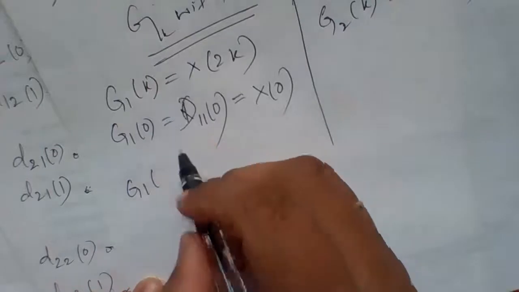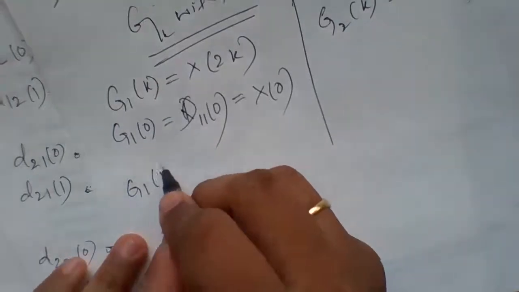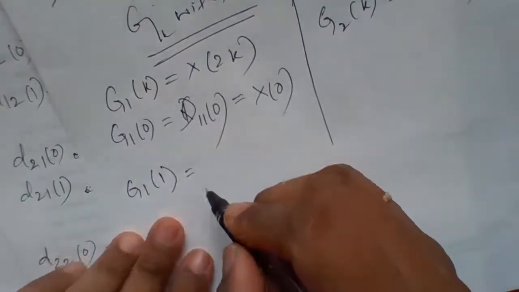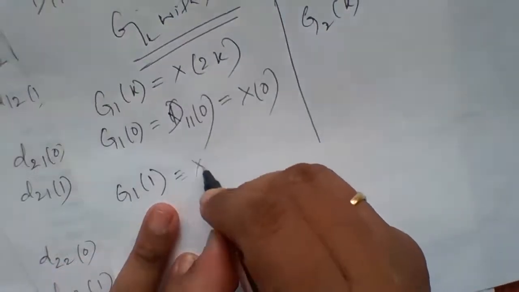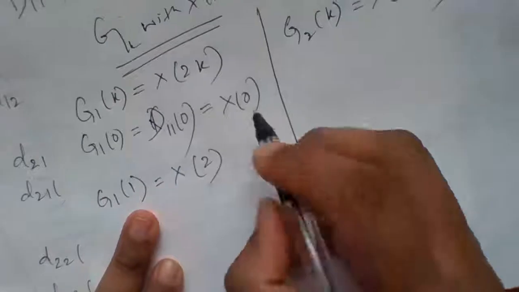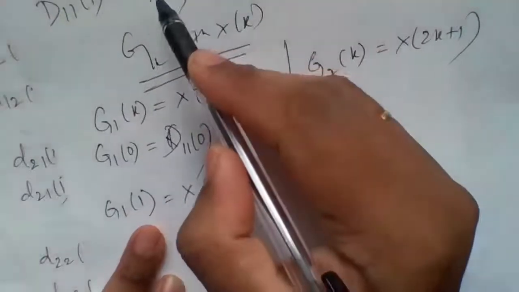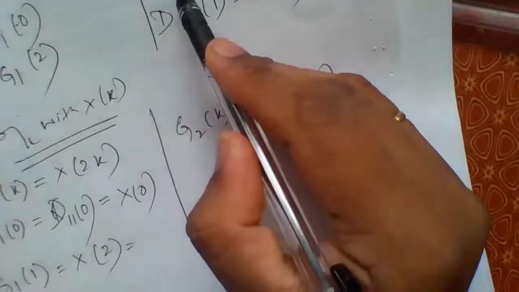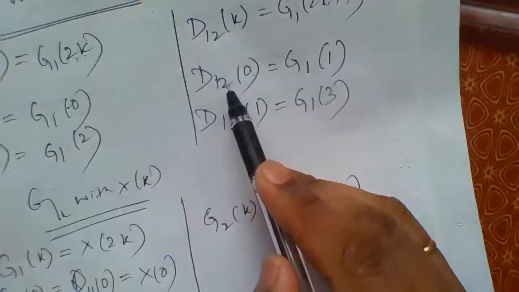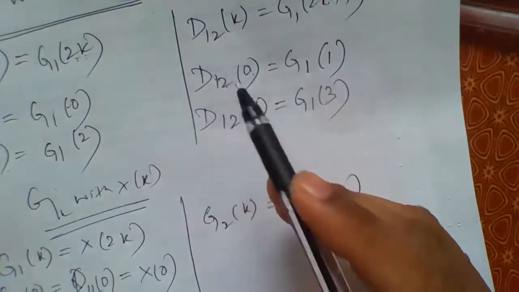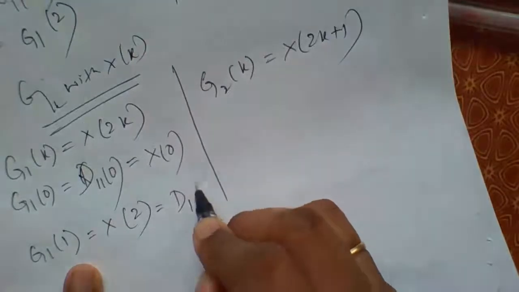G1 of 1 is X of 2, but G1 of 1 is here D12 of 0, so I write D12 of 0.